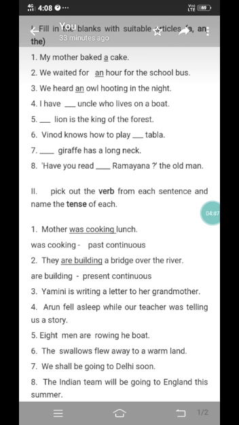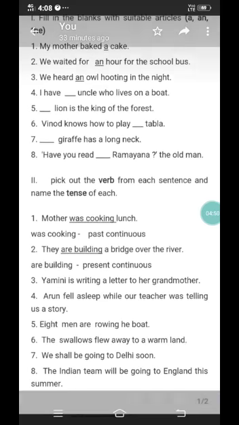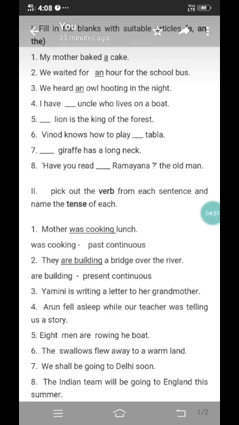Next, second bit. Pick out the verbs from each sentence and name the tense of each. So here few sentences I have given. Yesterday we have done by identifying the verbs from the sentences. We have written the base form, right?